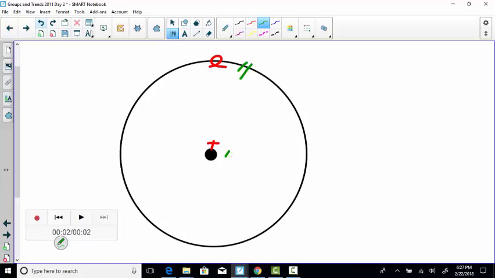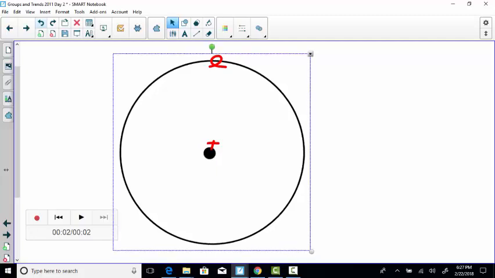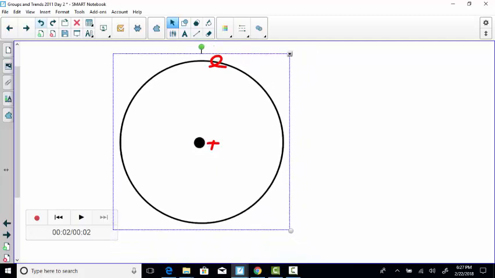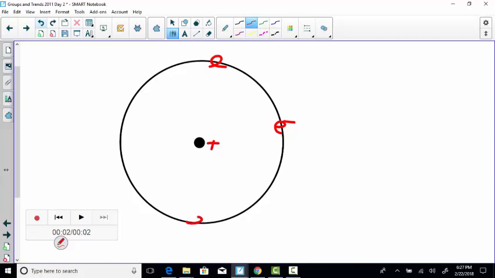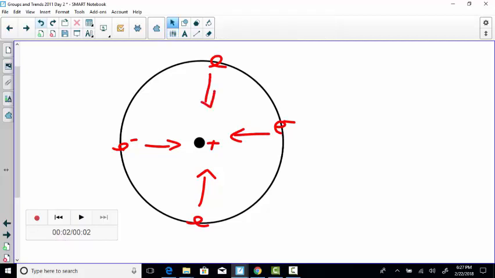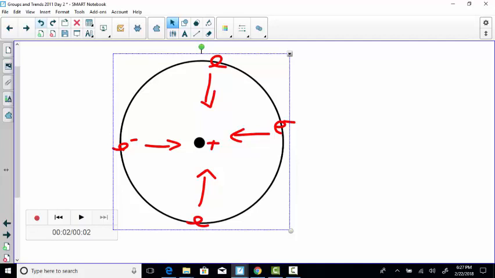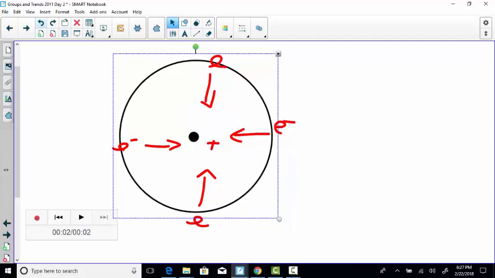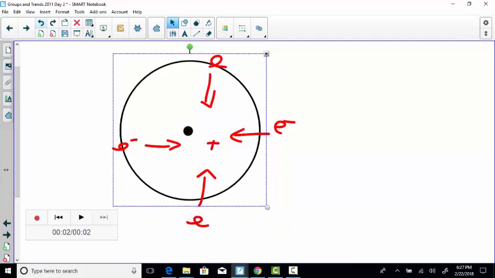That attraction is going to take this energy level and pull it in a little bit. Okay? But now, if I start adding more electrons, then our pull towards that nucleus becomes even stronger. So then what happens here is this gets even smaller.